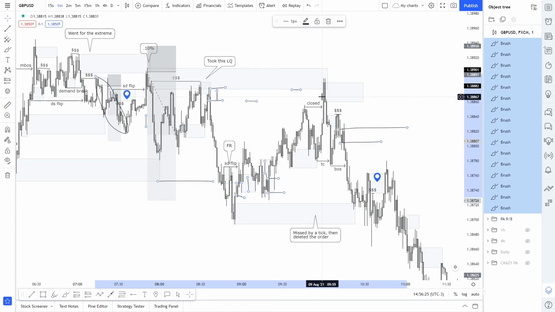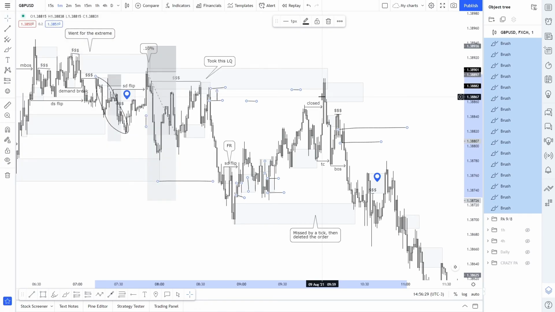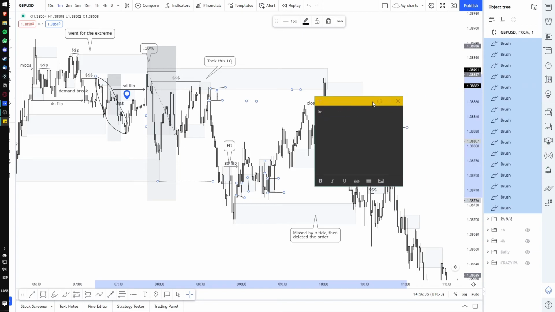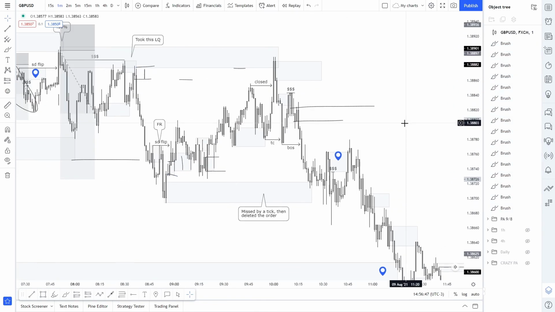Let me actually write this somehow because it won't make sense otherwise. So let's say we had 5R plus 3R minus 1R minus 1 minus 1. So we had this loss, this one, this one, and this one. So 4R lost so far, right?